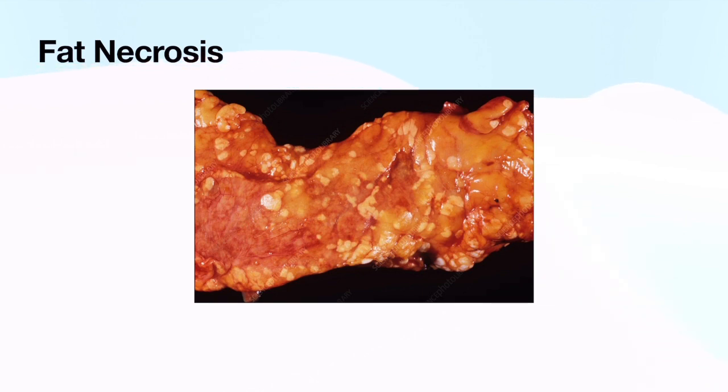In this disorder, pancreatic enzymes leak out of the damaged acinar cells and liquefy fat, causing these chalky white areas that you can see over the pancreas, which is also known as fat saponification. Histologically, the necrotic areas usually contain shadowy outlines of the necrotic fat and basophilic calcium deposits.